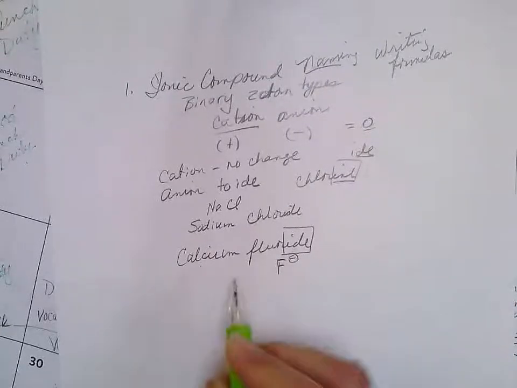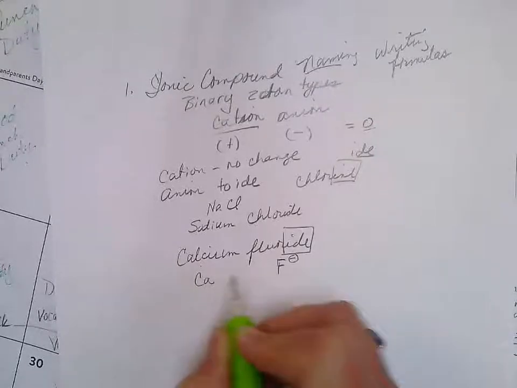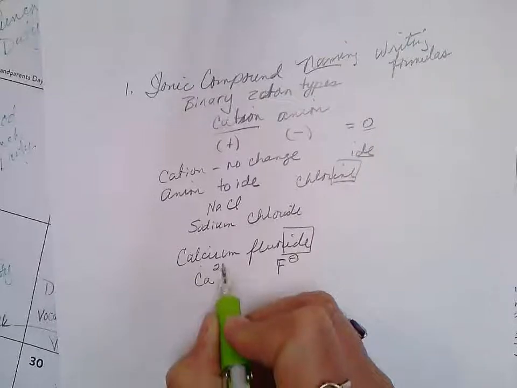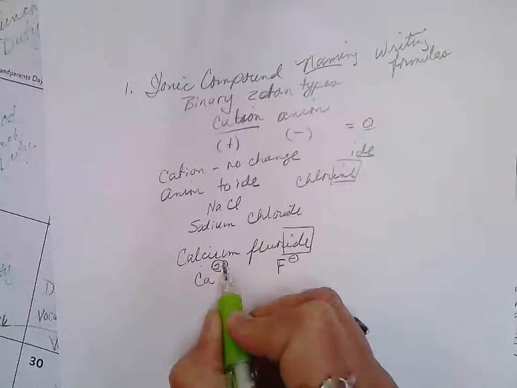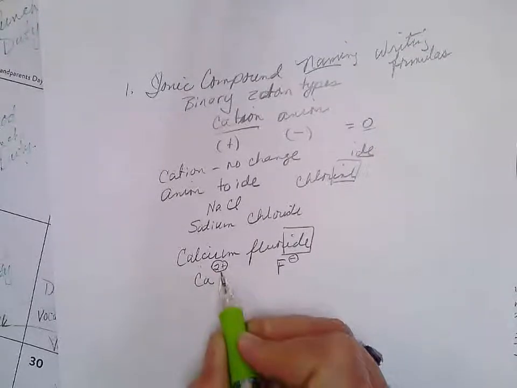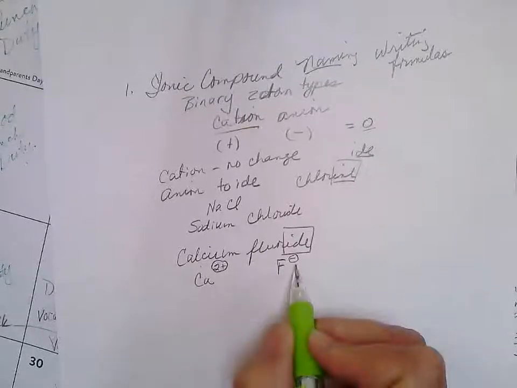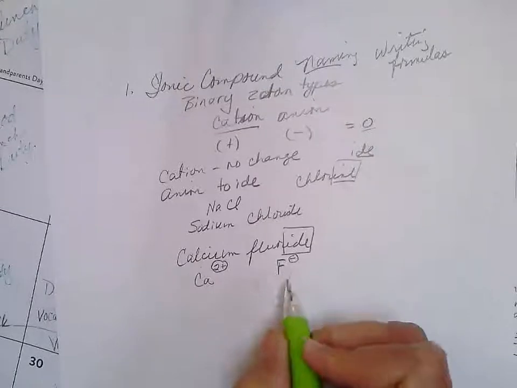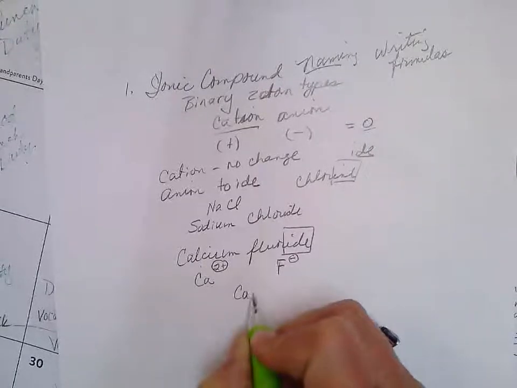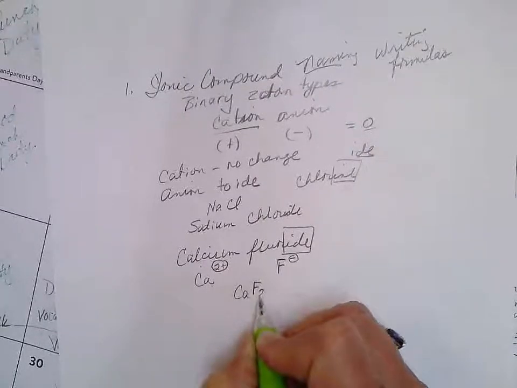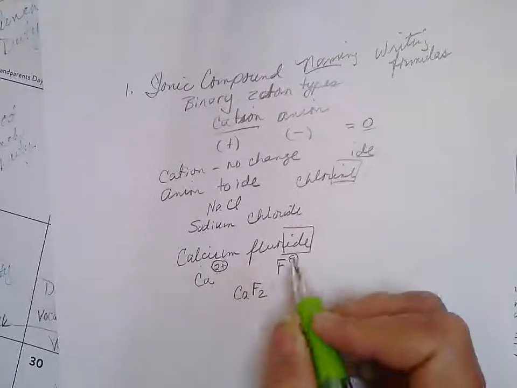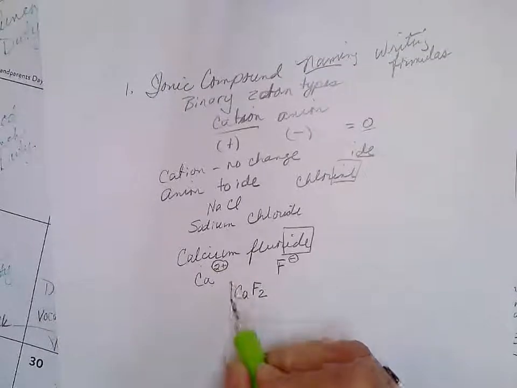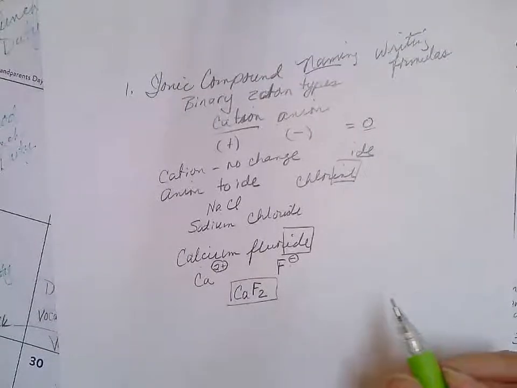Then calcium, I know, is just going to be calcium. And based on its position in the periodic table, I know that it has a +2 charge. And so for every 1 calcium, I'm going to need 2 fluorines to make it add up to 0. And so it would be CaF2. I need 2 of these for one of these. Gives me a total of -2 charge, +2 charge. And that would be my final answer.